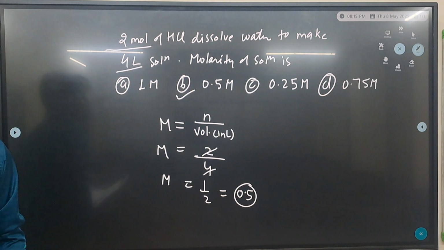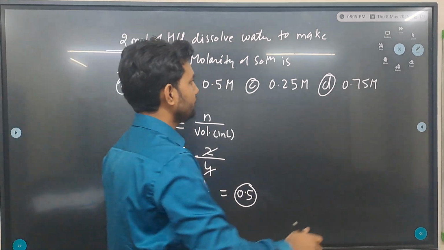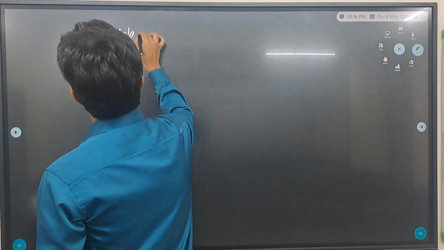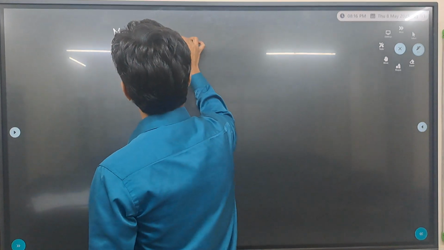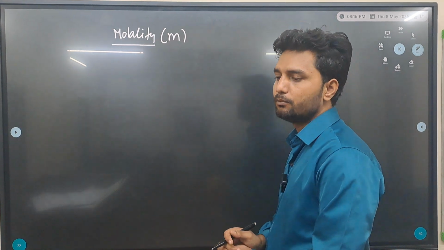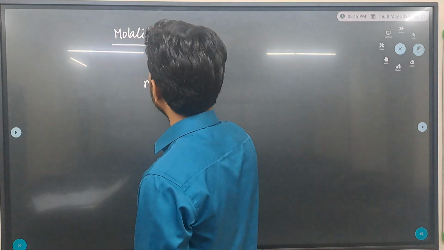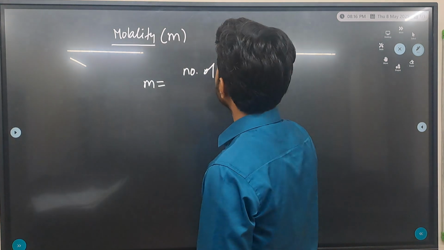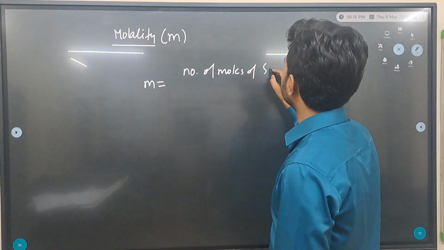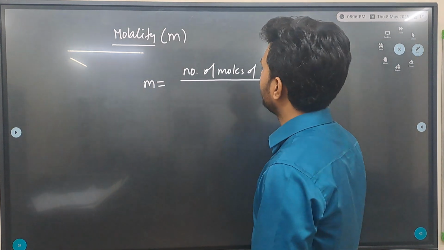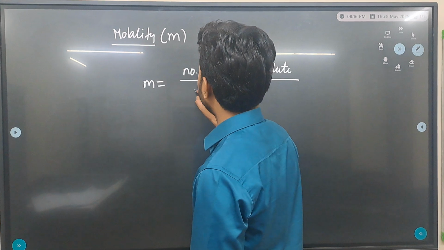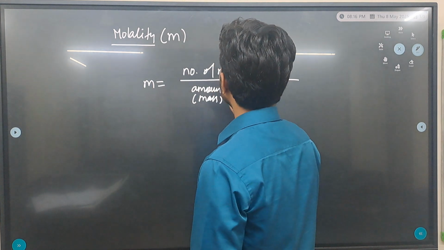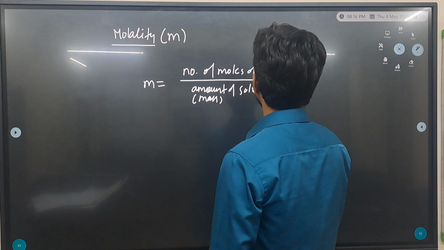Now next is molality. In case of molality, it is represented by small m, and the formula for molality is equal to number of moles of solute divided by amount of solvent, or you can say mass of solvent in kg.